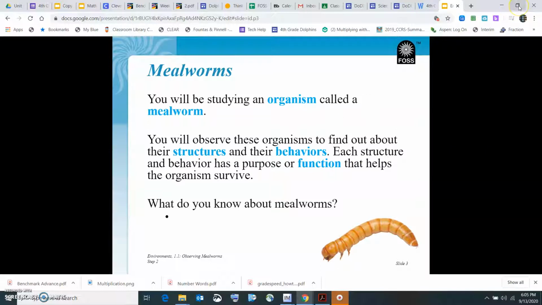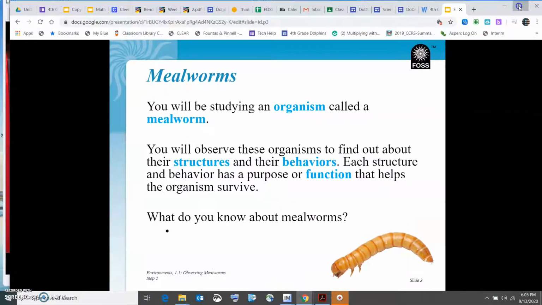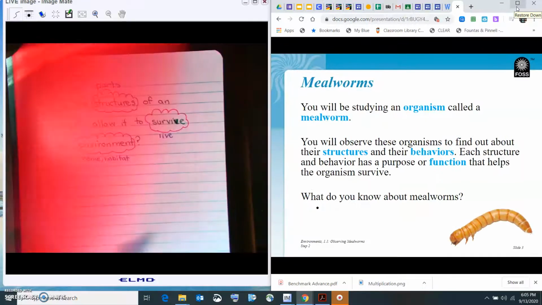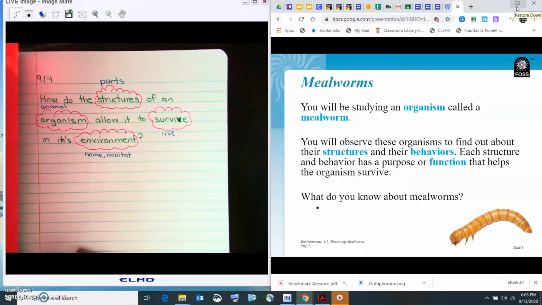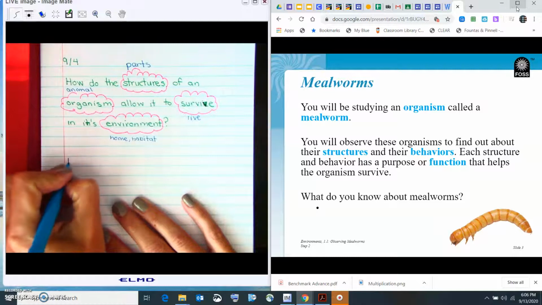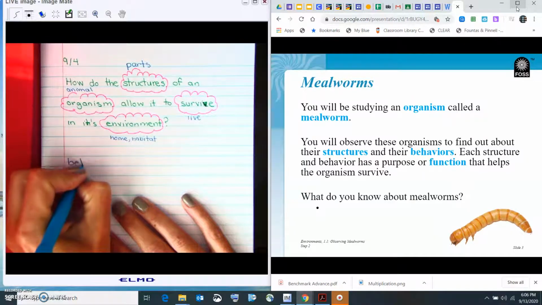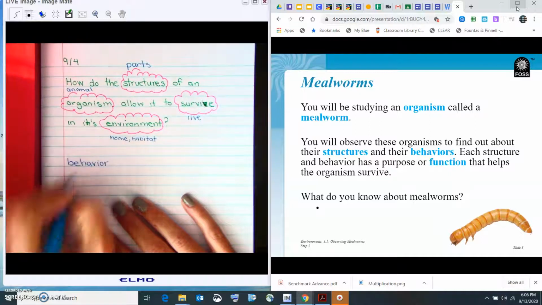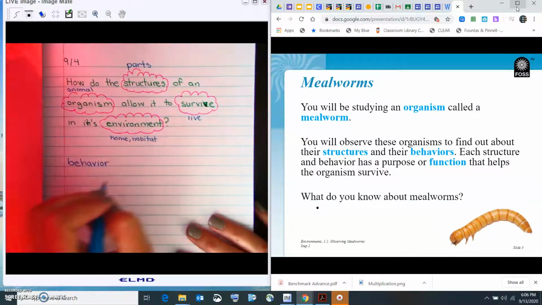Now, before we go to the next sentence, I want to write down a couple more words. I want you to write down behavior, and I want you to write down function.